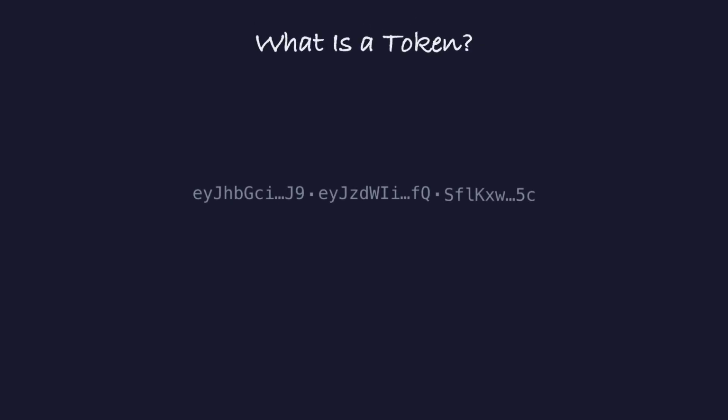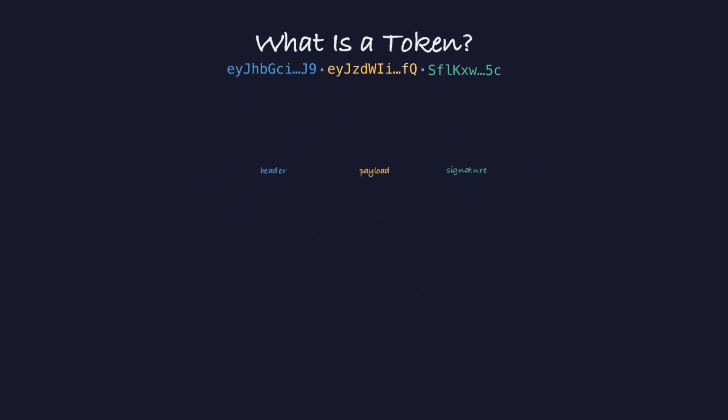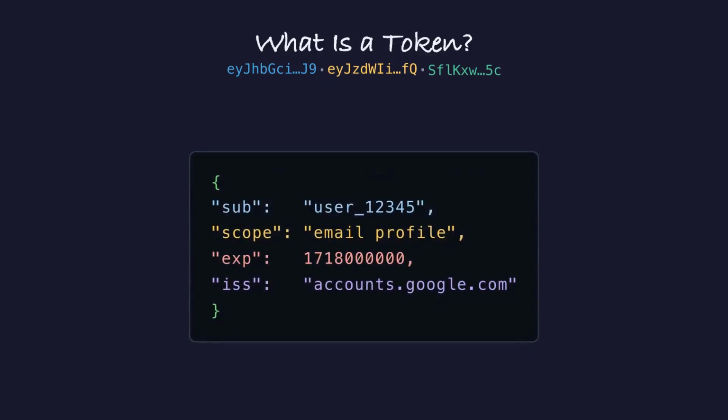Most modern ones are JWTs, JSON Web Tokens. A JWT has 3 parts, separated by dots: a header, a payload, and a signature. The payload is base64 encoded JSON, holding claims like sub, the user ID; scope, what was granted; exp, when it expires; and iss, who issued it.